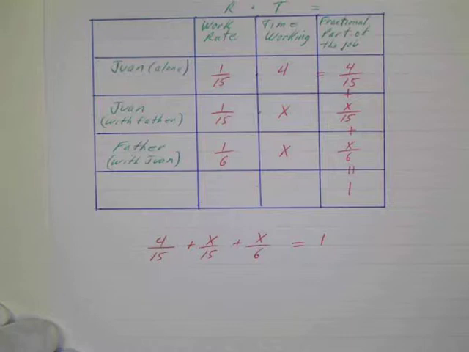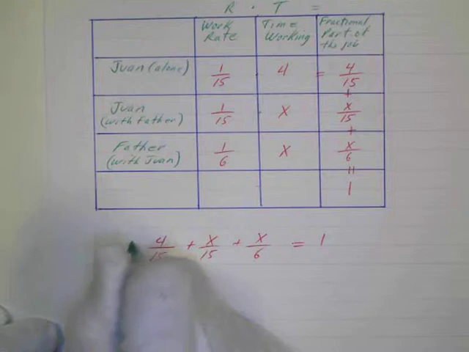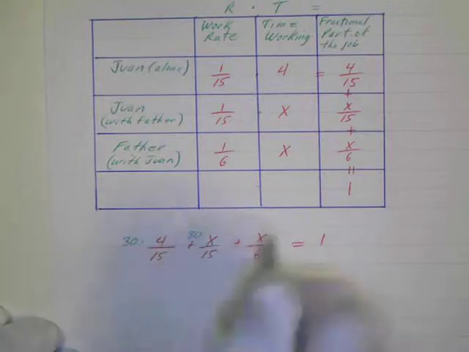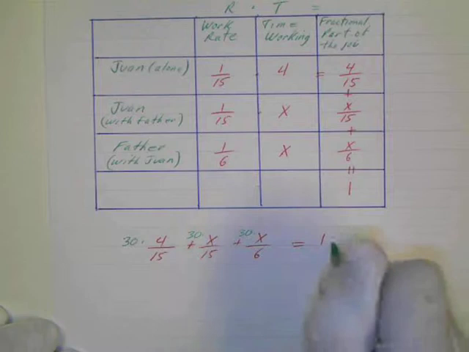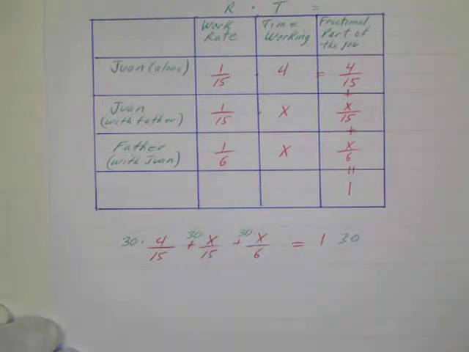Then try 2 times the biggest one, then 3 times and 4 times, until you find one that works. Well, what's 2 times 15? 30. Does 6 go into 30? Yes. So my LCD is 30. So I'm going to multiply every term, on both sides of the equation, by the LCD.